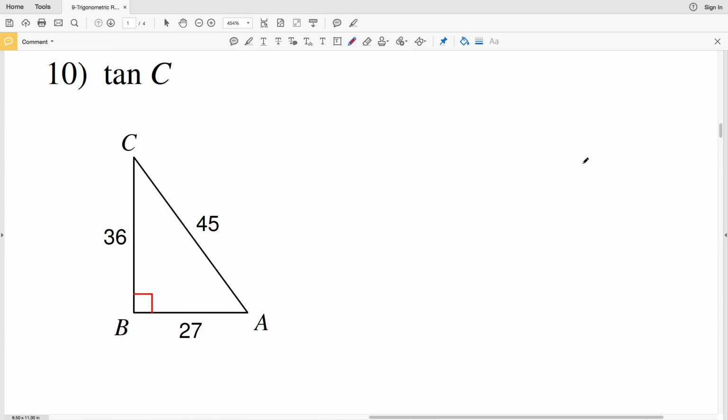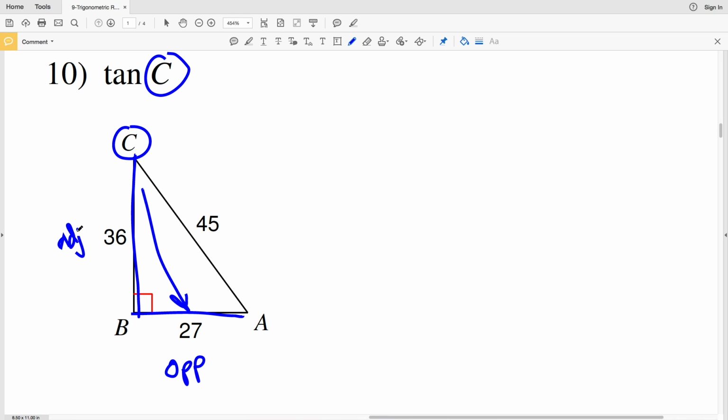And lastly, in this video, I'll go over number 10, which is the last problem on the first page of this worksheet. In number 10, we're looking at the tangent of C. So here's our angle C. Opposite C is AB, which is 27. Adjacent C is that other leg of 36. And the hypotenuse is always directly across from 90 degrees. However, for tangent, TOA, we need the opposite side length over the adjacent side length.